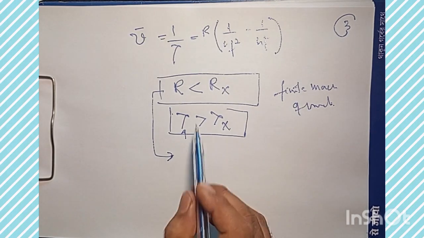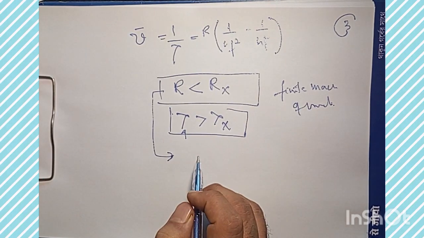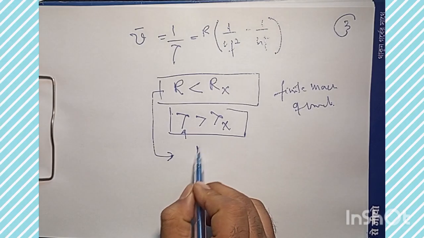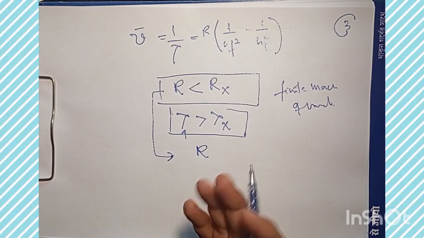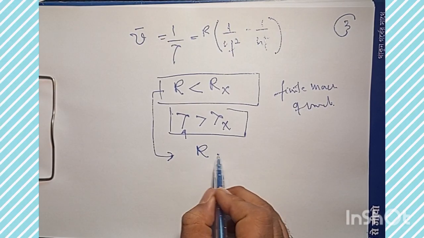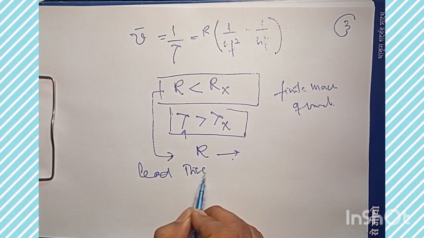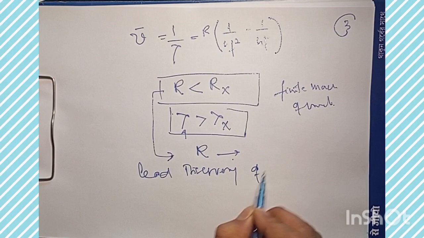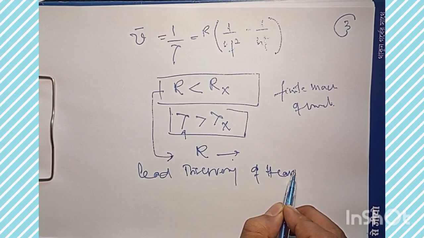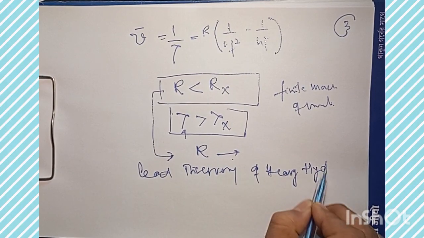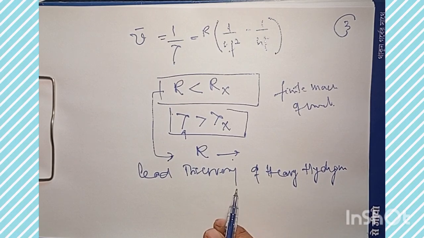Now, this variation of the Rydberg constant with the mass of the nucleus basically led to the discovery of heavy hydrogen, also called deuterium.